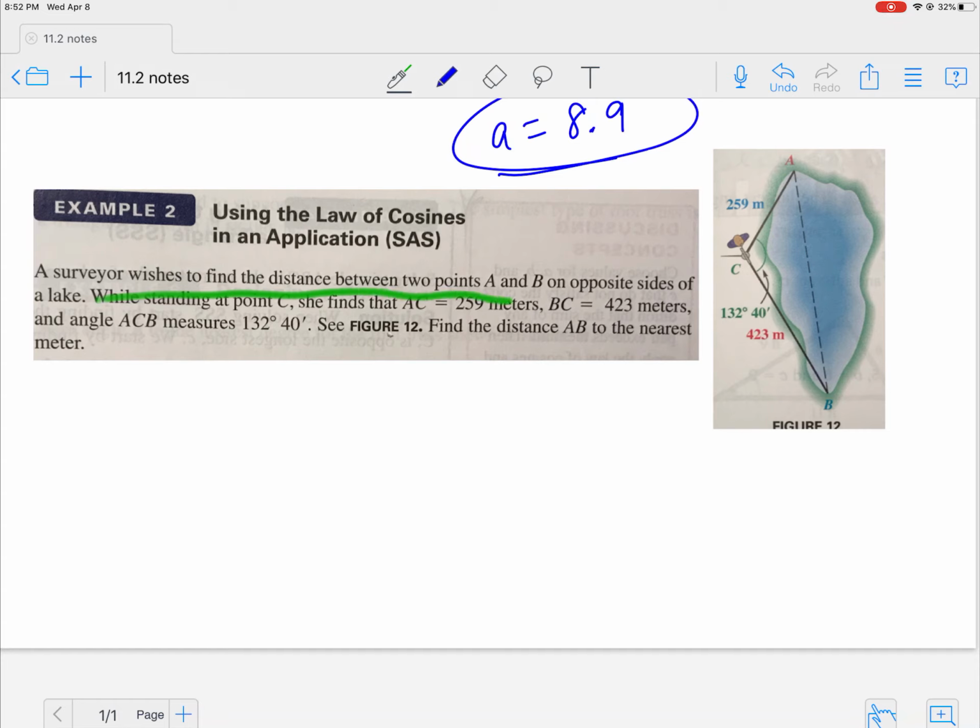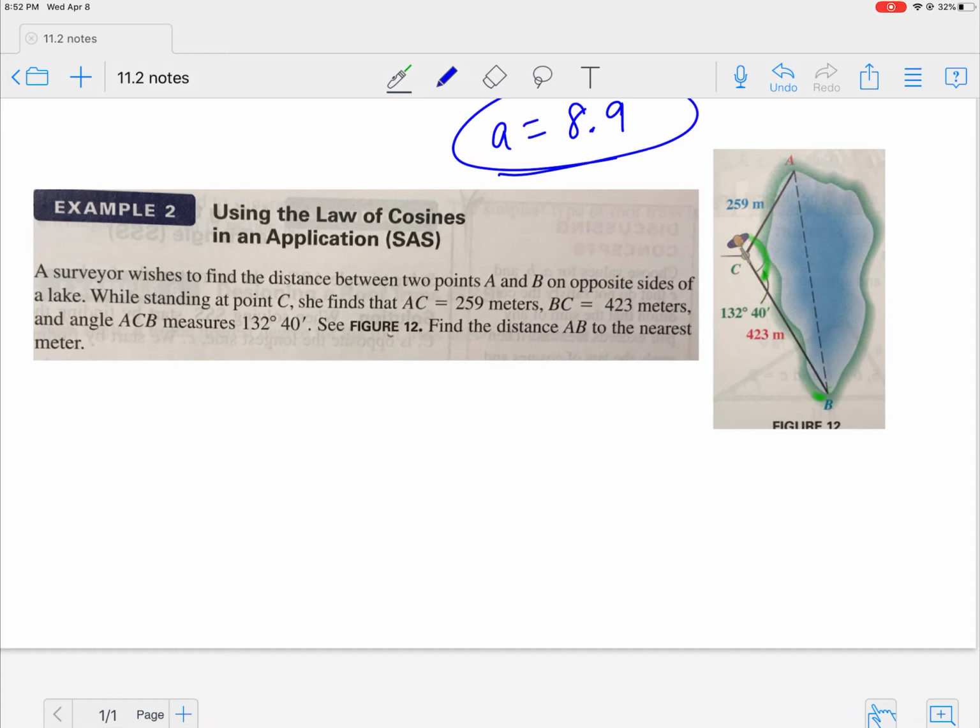Okay, let's try this one. I'm going to scoot this up a little bit here. So example 2 is finding this distance here. I'm going to make this a little bit bigger. Law of cosines. Side angle side again. A surveyor wishes to find the distance between 2 points A and B. So on these other sides of this, looks like a lake of some kind. Oh yeah, there it even says it. Good call.